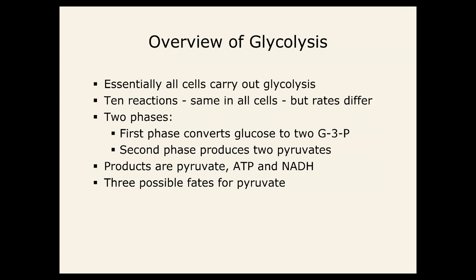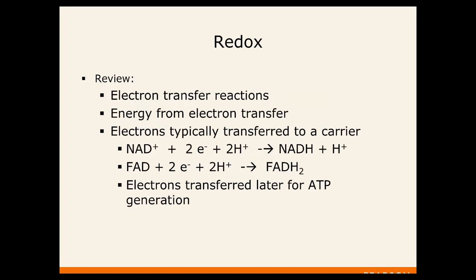And the main products are pyruvate, ATP, and then NADH. Let me show you some structures for NADH. NADH is what's called an electron carrier, and it was formed in glycolysis by NAD+ gaining 2 electrons and 2 H plus to form NADH.